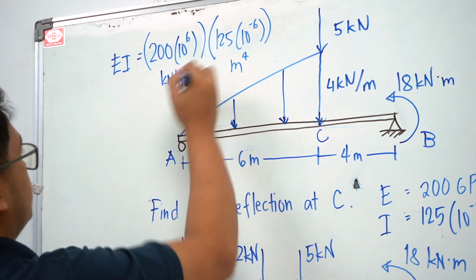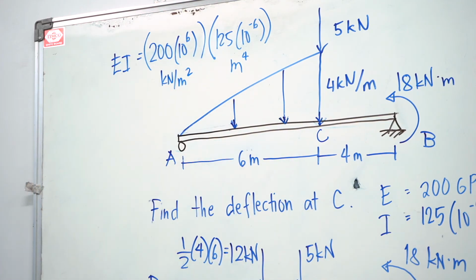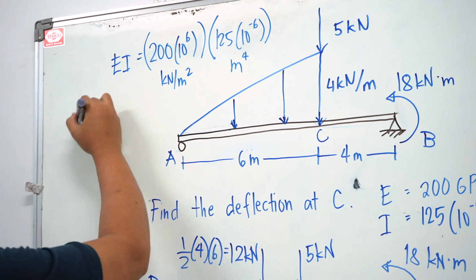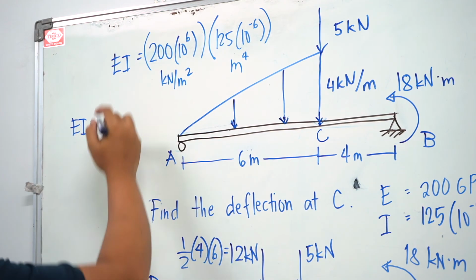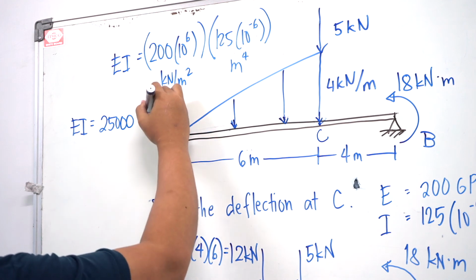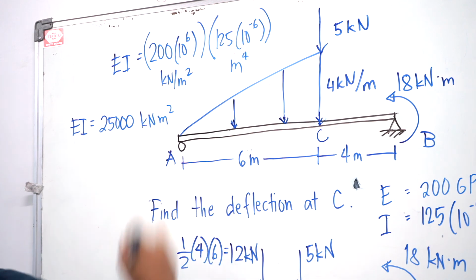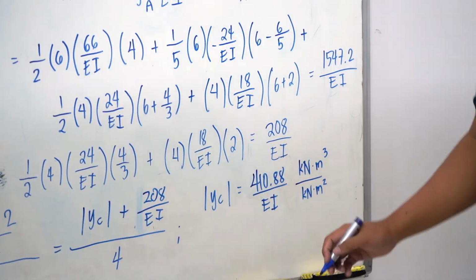Multiplying, we get the product EI equal to 25,000 kilonewton meter squared. So that's what we're going to use in this equation.